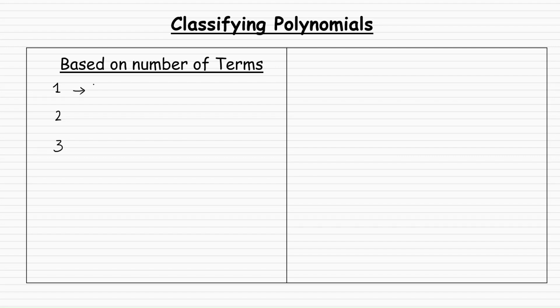A polynomial with one term is called a monomial. Mono means one. So for example, 6a, 4m square, negative 3. They all are one term. I cannot see two terms. So these are monomials.